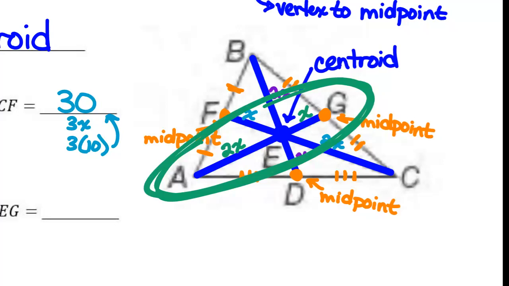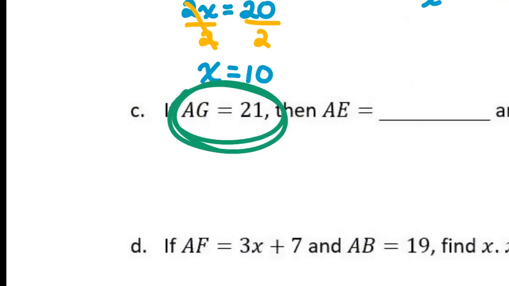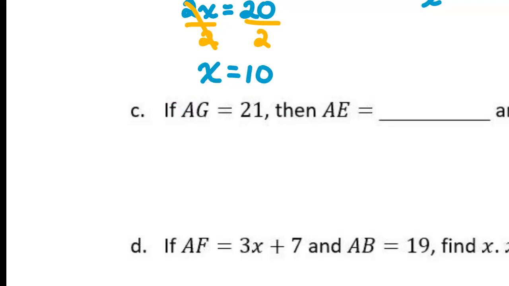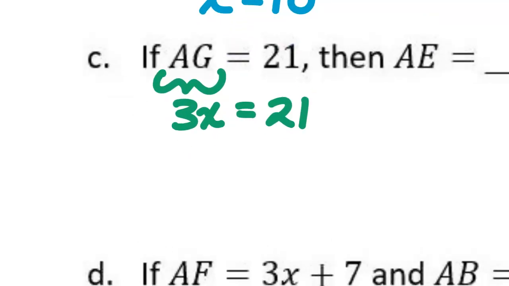AG is that entire median, which we said is what when I have the whole median? 3x. So instead of saying AG, I'm going to say 3x equals 21. Well, if 3x is 21, how big is just x? 7.